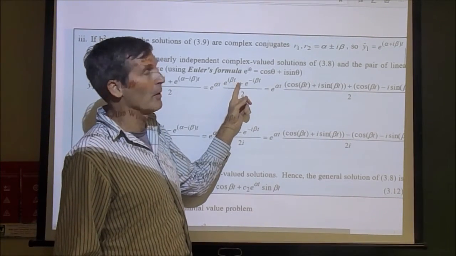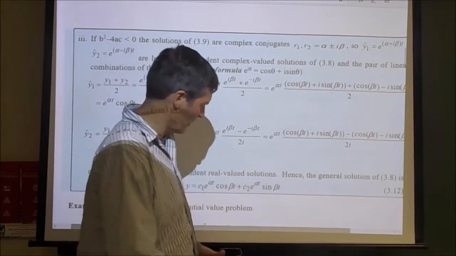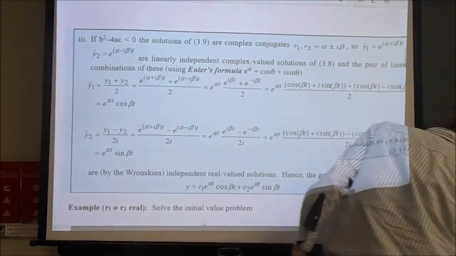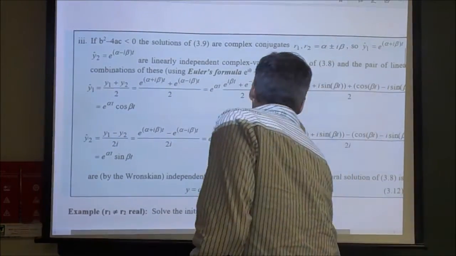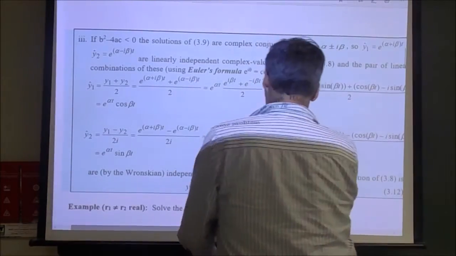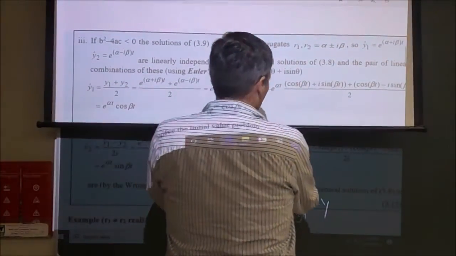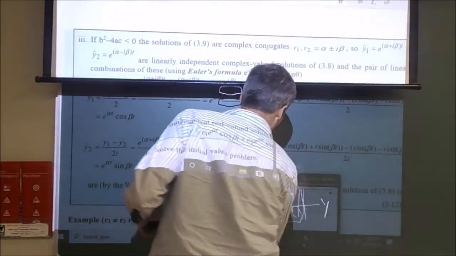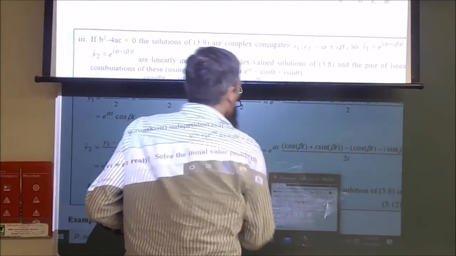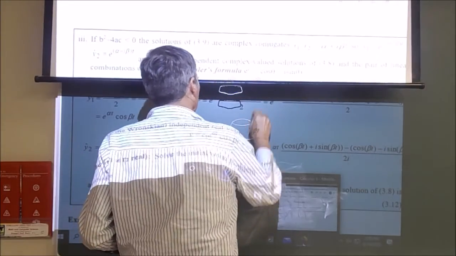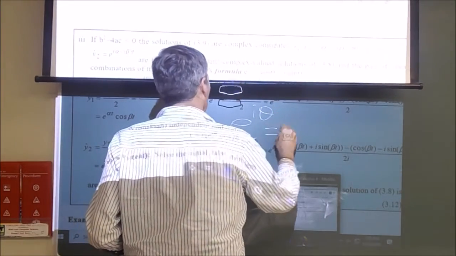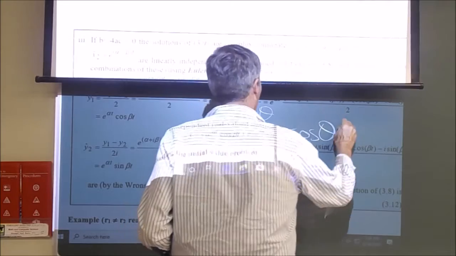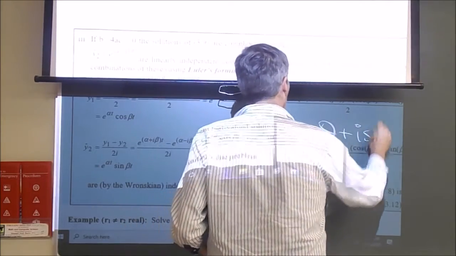So, long story short, Euler's formula, I should write it down, says that e to the i theta is cosine theta plus i sine theta.